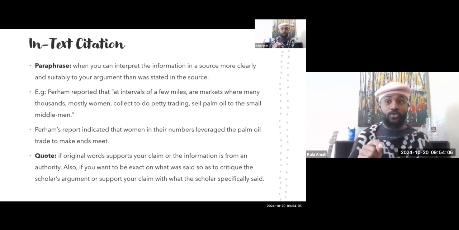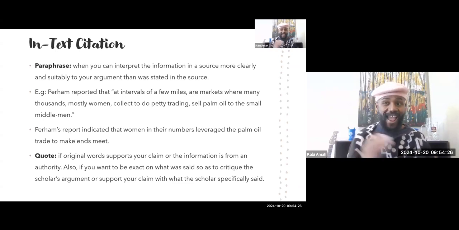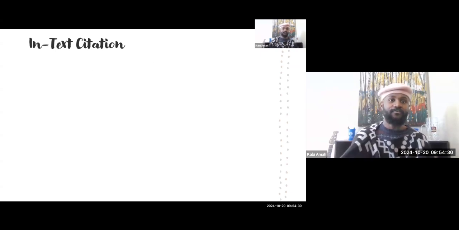But if you are going to critique or argue against something that an author or a scholar has said, go ahead and quote their exact statement so that when you are arguing against them, you are holding them to their words because that was actually what they said. You are not inferring. Don't argue after you've inferred what an author said. Argue when you've directly quoted what an author said.